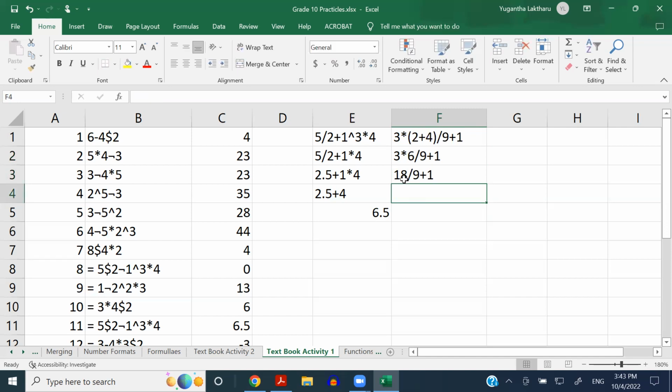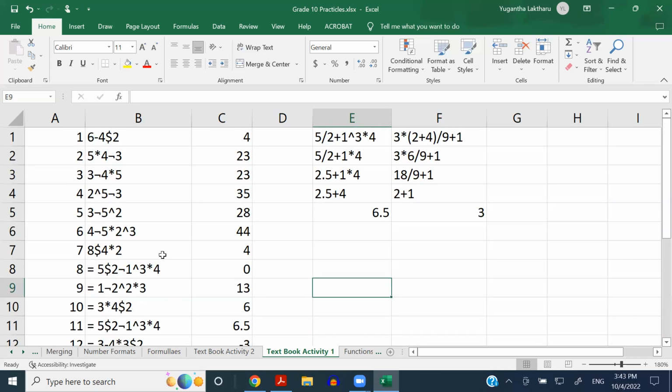And then 18 divided by 9 is going to give you 2, plus 1, which is going to give you 3. Got it? Yes, sir. Right. Okay, any other questions or any other requests regarding any particular number?